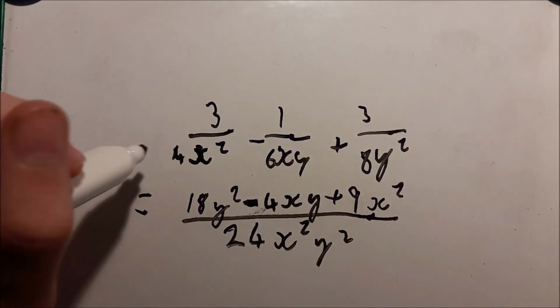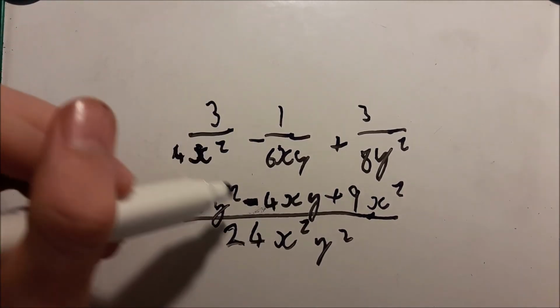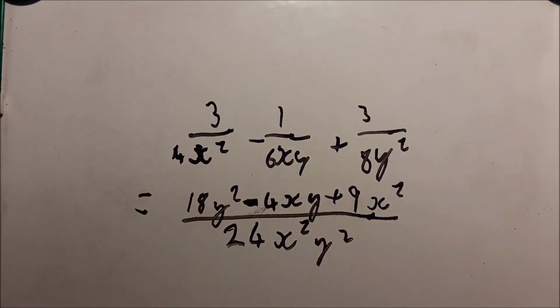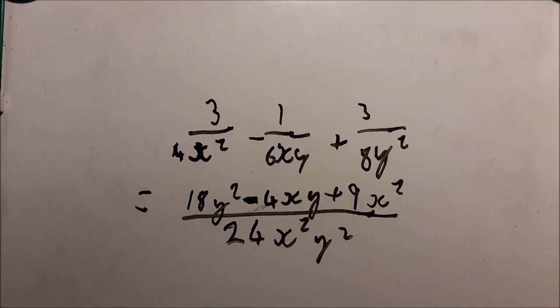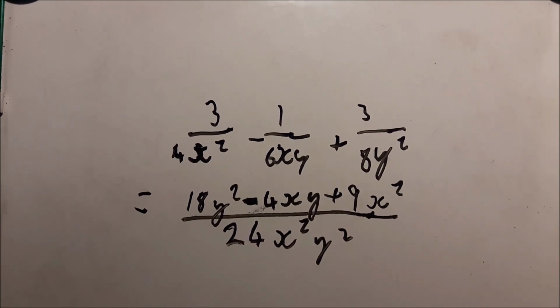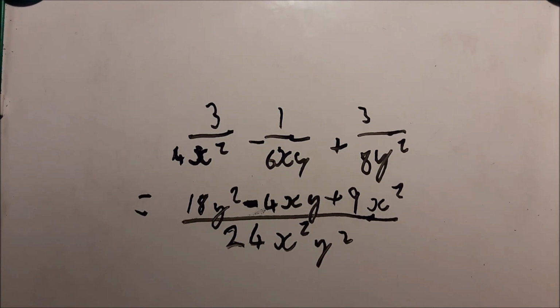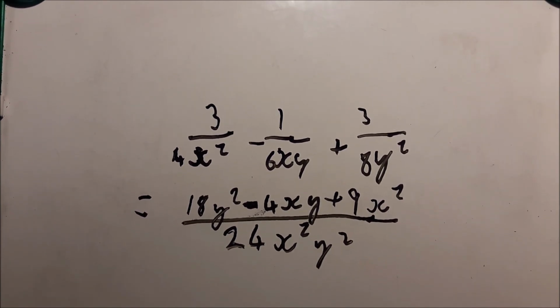Now it might not look simpler than this, but because we have a common denominator, it's already easier to know what's going on. So I hope you guys enjoyed this video, and that you'll be able to learn more and be able to understand everything that's going on in maths and simplification.